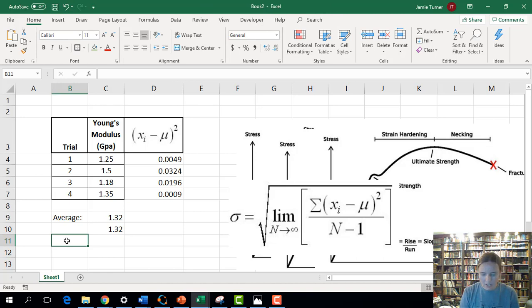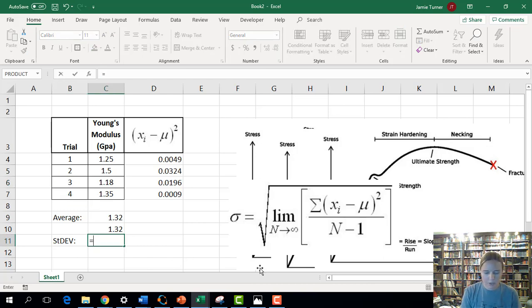And now to calculate the standard deviation, what I'm going to do is take the square root of the sum of all these little guys, and then divide through by the number of data points, 4, that's what my n is, minus 1. So actually it's going to be divided by 3.